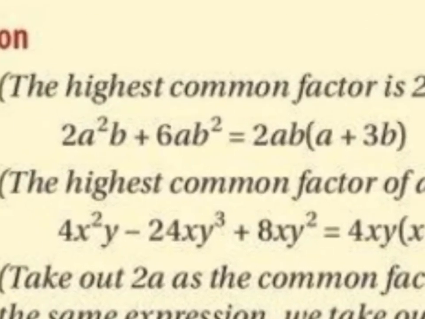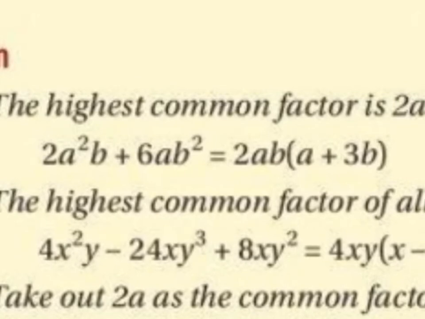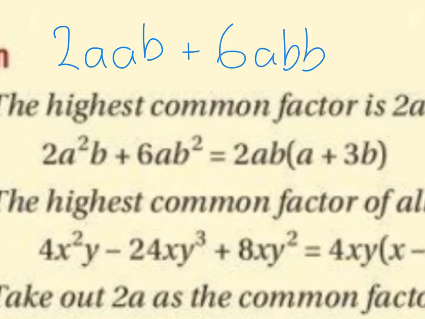Okay, so let's have a look at this a little bit more closely. So 2a squared b can be written like this, 2aab, because a squared is the same thing as aa. And then 6ab squared can be written as 6abb, because the b squared can be written as bb.